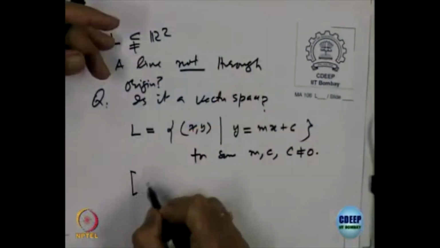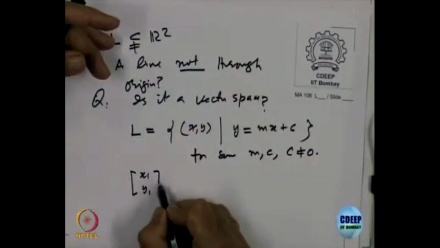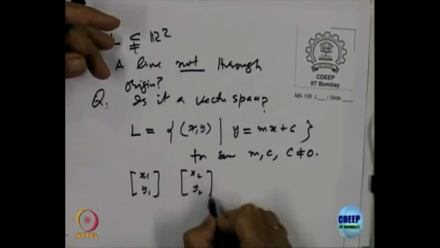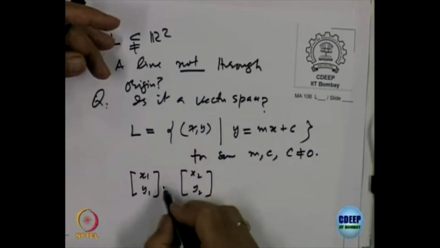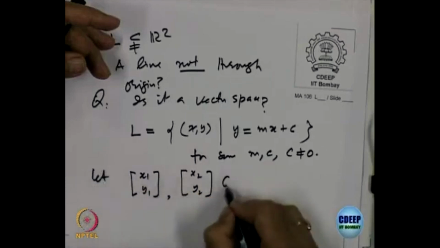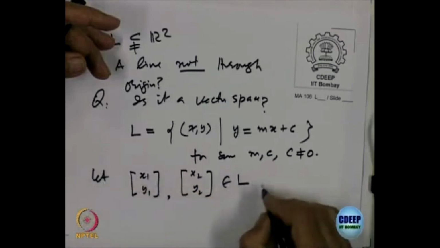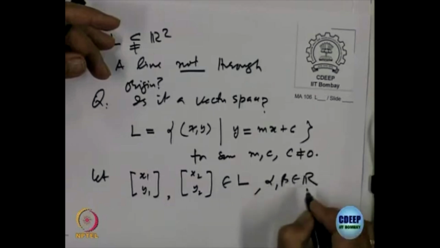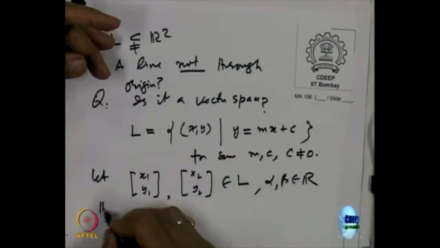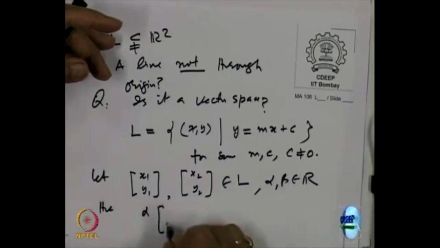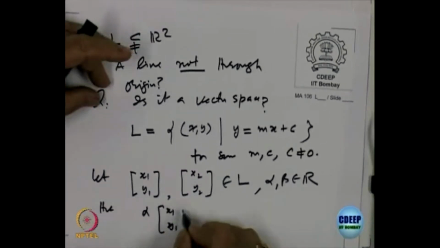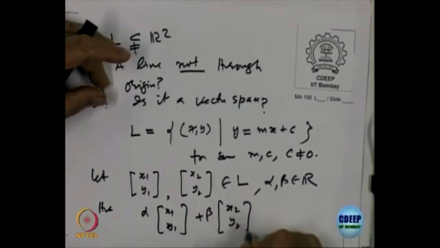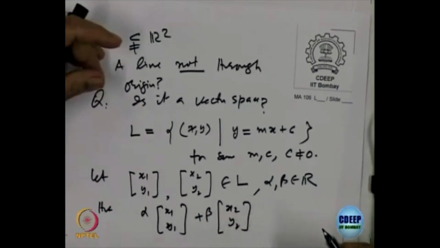As vectors, let x1 y1 be one vector and x2 y2 another vector on the line, so they belong to L, and let us take alpha and beta belonging to R. Then alpha of x1 y1 plus beta of x2 y2, I want to check whether it belongs to L or not.